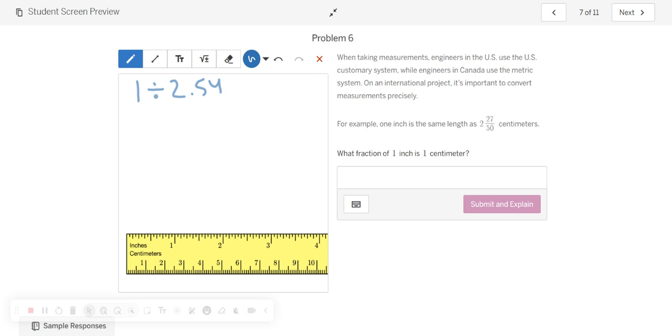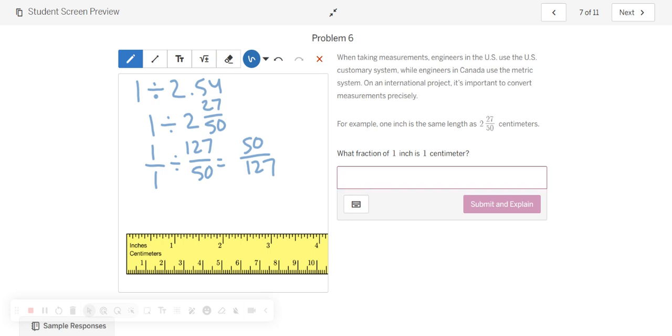But here I've got 1 divided by 2 and 27/50ths. 1 over 1 divided by 127/50ths is 50 over 127. Because I'm going to take a look at the right hand side, flip it over, then multiply. But 50 over 127, again, so ugly, so ugly.